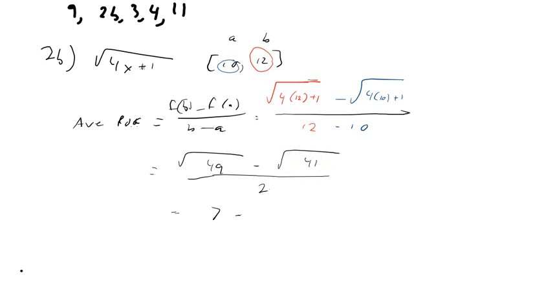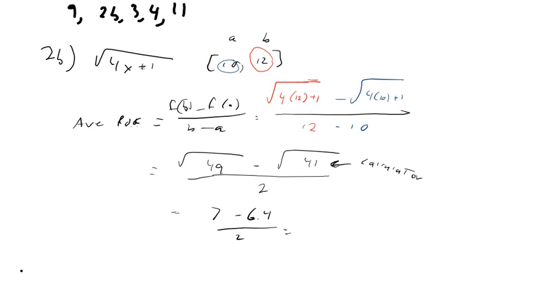So we would grab ourselves a calculator and find it out. If I plug in the square root of 41, I'm going to get about 6.4. Seems fine. Plug it into a calculator, get an approximate answer. 6.4 is great.